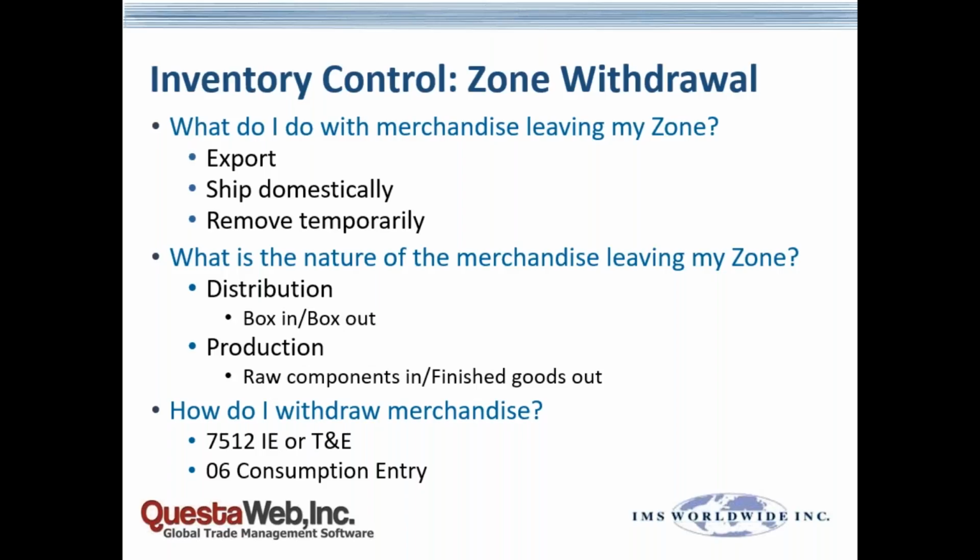And then the other is the big question, how do I withdraw my merchandise? I'm using the documentation of a 7512 IE or TNE when I'm doing an export, and that just basically is the filing of that in-bond document in the QP system showing that I am either immediately exporting something, I'm at the port and I'm sending it right over to a ship and it's going on the ship and it's going away, or am I transferring it?